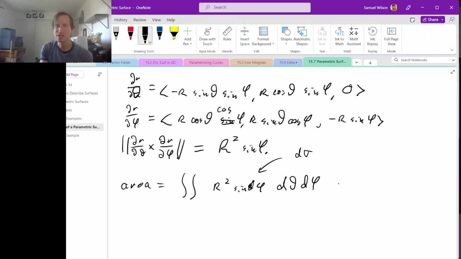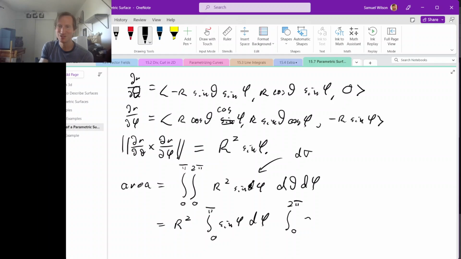And to cover the whole sphere, phi has to go from 0 to pi, and theta has to go from 0 to 2 pi. So we can separate these. We can move the r squared all the way outside because it's constant. The phi integral is the integral of sine of phi d phi from 0 to pi, and the theta integral is the integral from 0 to 2 pi of just d theta.